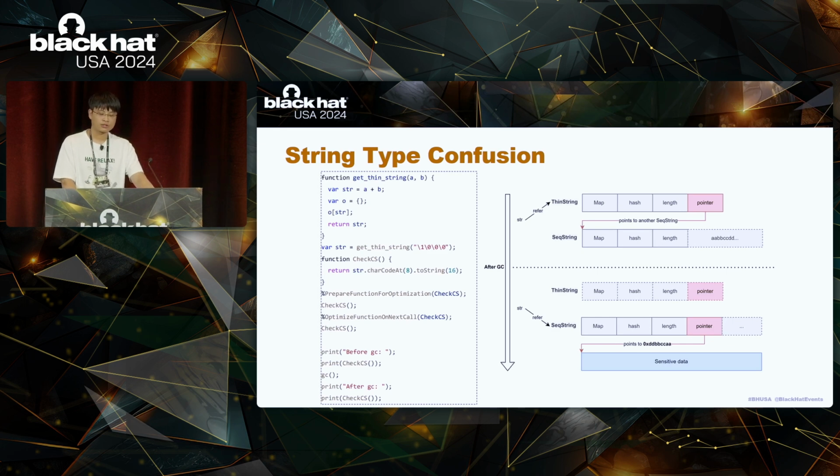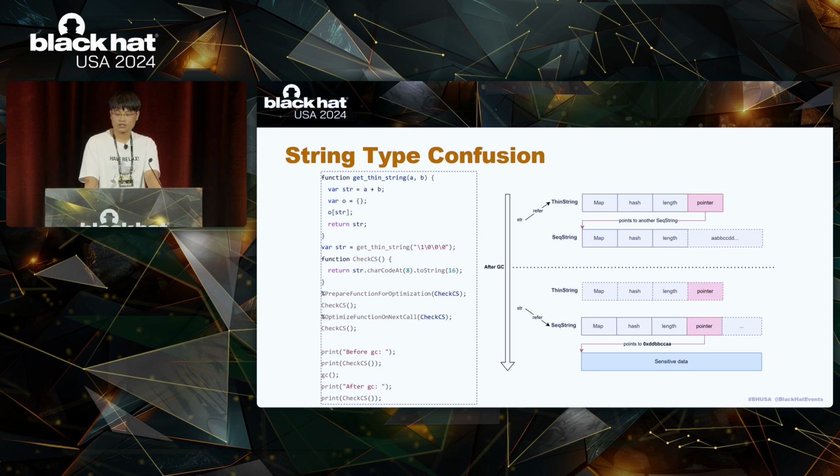Before triggering garbage collection, the variable string references the thinString object, which in turn references the sequence string that actually stores character data. However, after triggering garbage collection, we discovered that the sequence string was already in the old generation memory, so there was no need to move the thinString object from the new generation memory to the old generation memory and update the pointer on it.